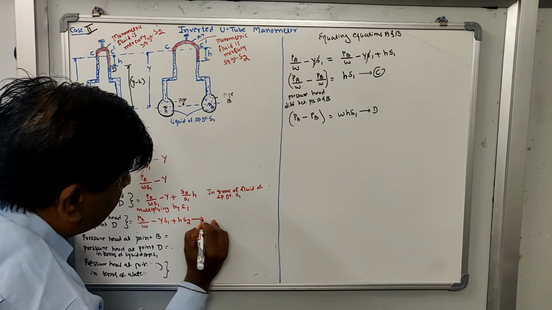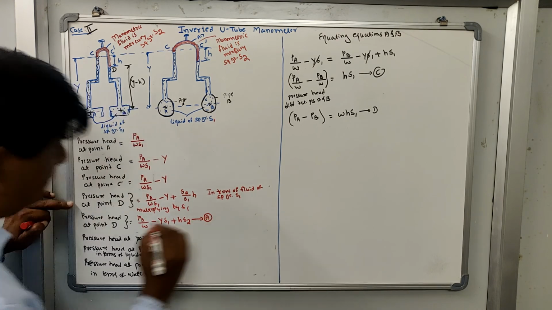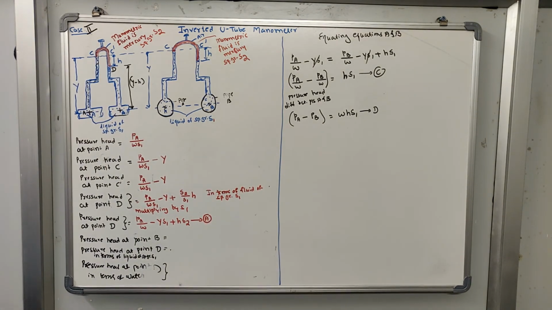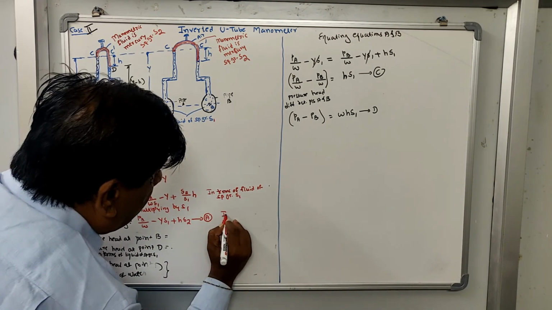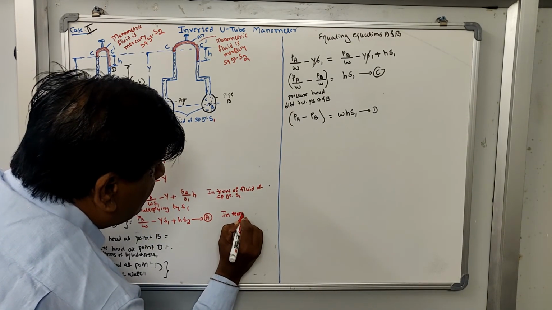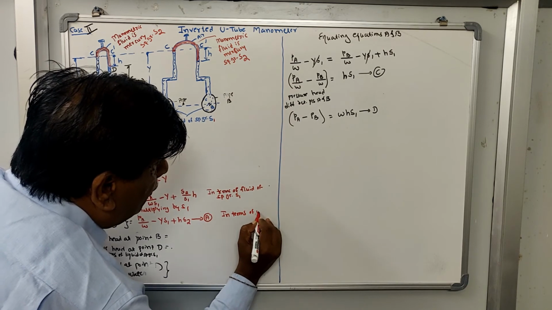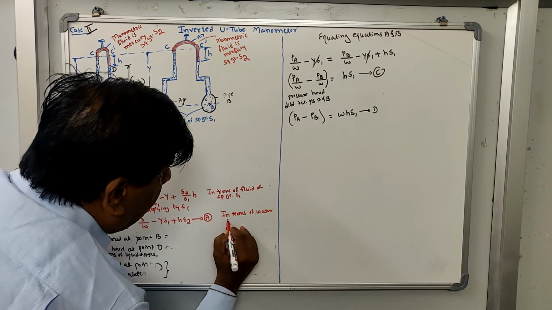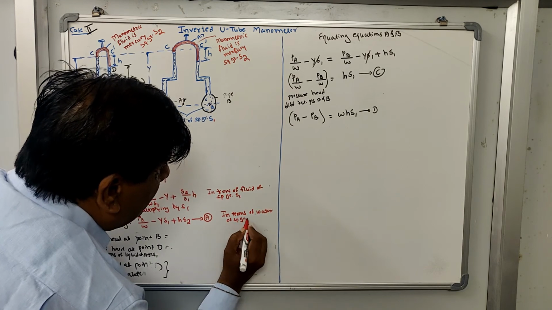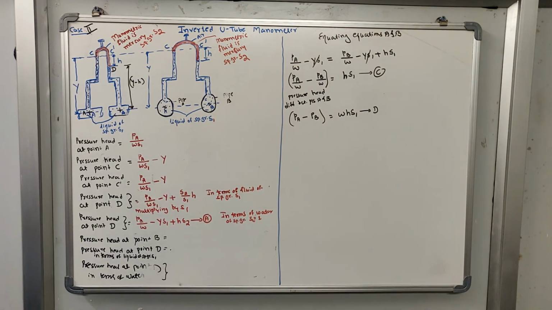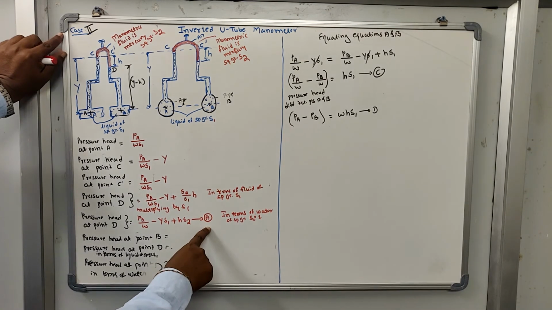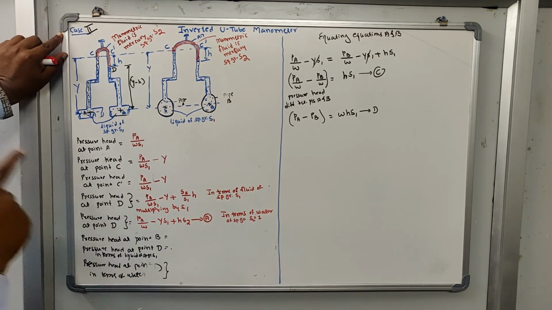Write this as equation A. This gives you the pressure head in terms of water, of specific gravity S equal to 1, or you can take SW, the specific gravity of water. So equation A gives you the pressure head at point D in terms of water.